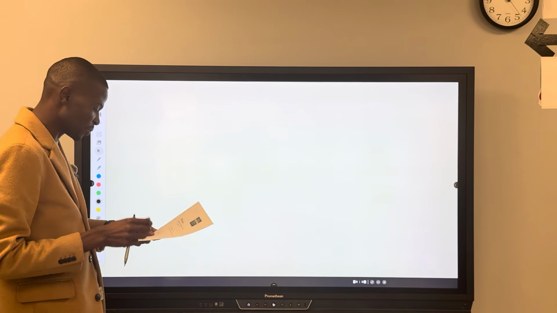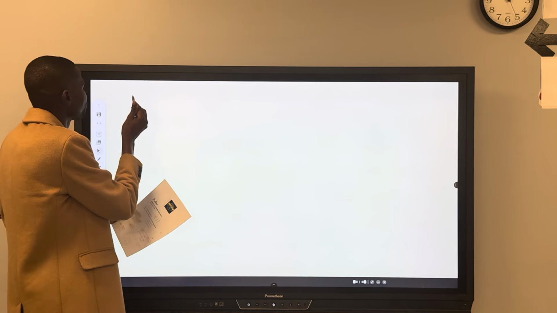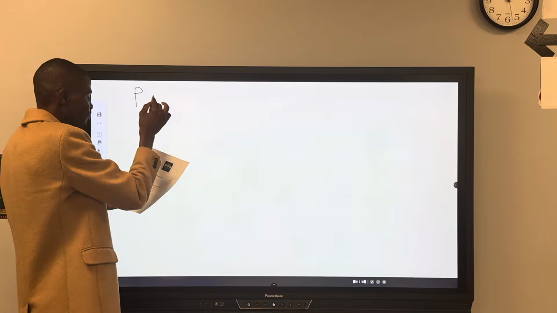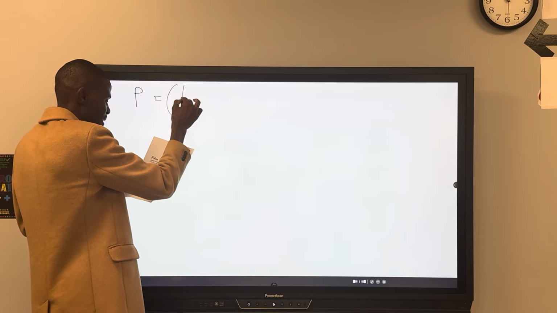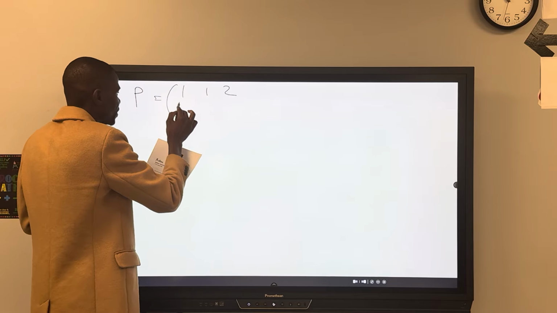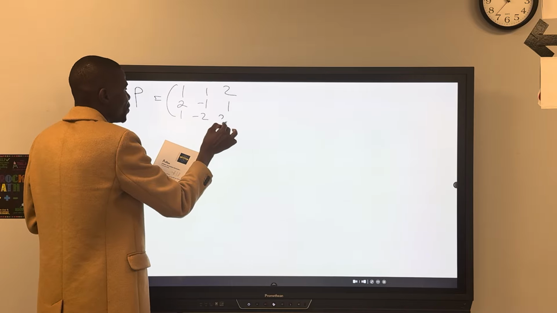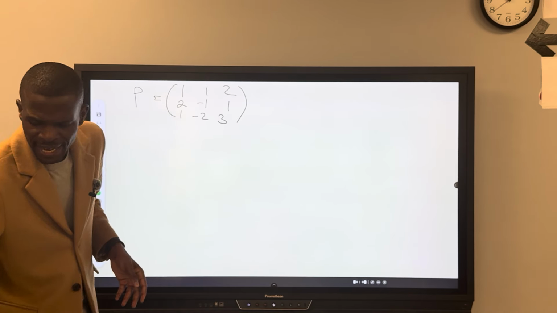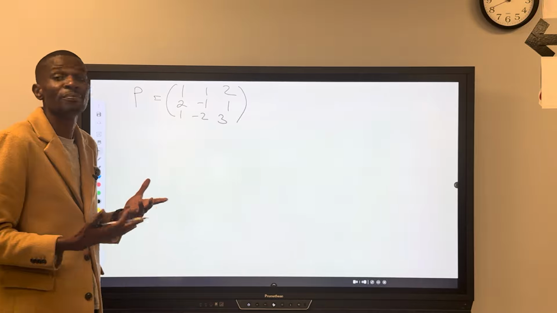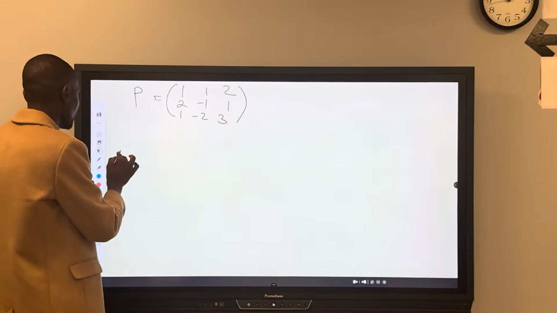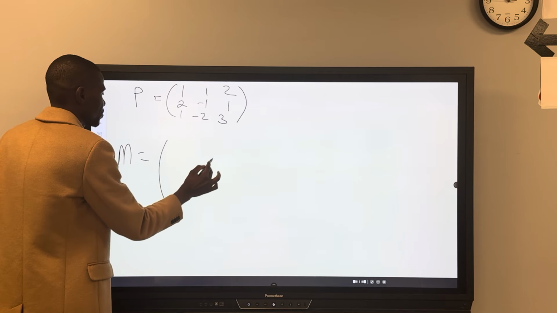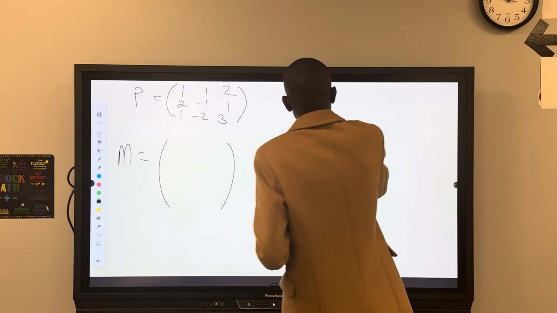It's called adjoint or adjacent, so either way it's fine. So I have my P here, which is equal to 1, 1, 2, 2, negative 1, 1, 1, negative 2, 3. Right, so guys, first we need the matrix of minors. Here I'm just going to write it down, but I'll find it here.